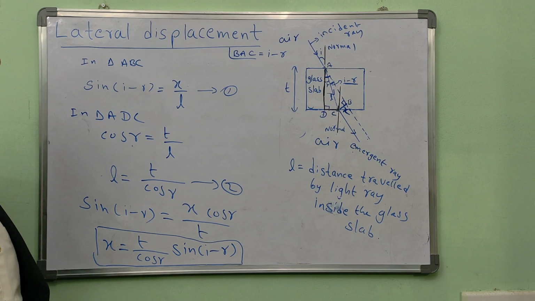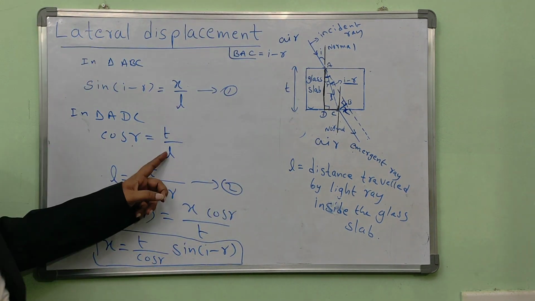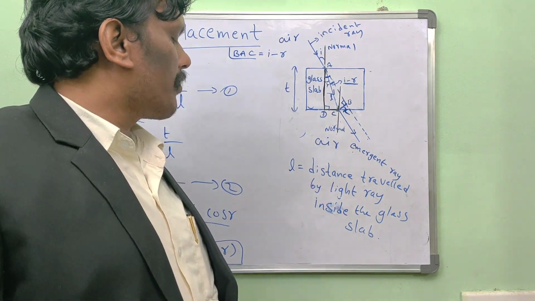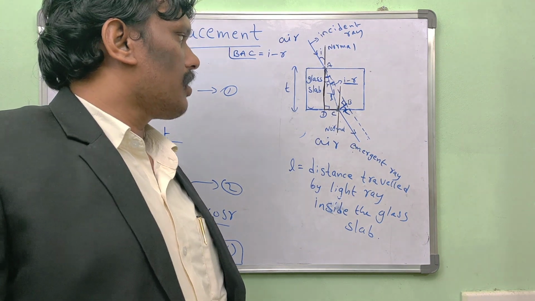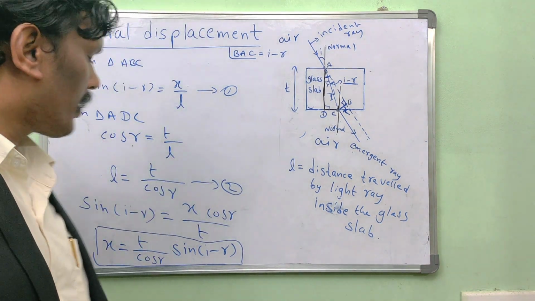So by using this formula, one can calculate lateral displacement. My dear students, remember here, what is L? The L is nothing but the distance travelled by the light ray inside the glass slab. Suppose you are asked the distance travelled by the light ray in the glass slab. How to calculate?